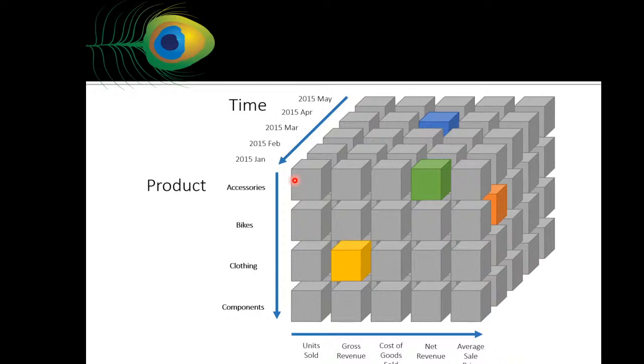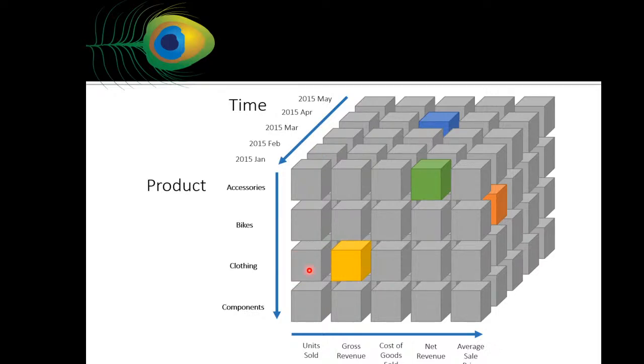Which cube will we choose? The third block, sir. The left column, this one. That cube, and in that column, down one, sir. Clothing.